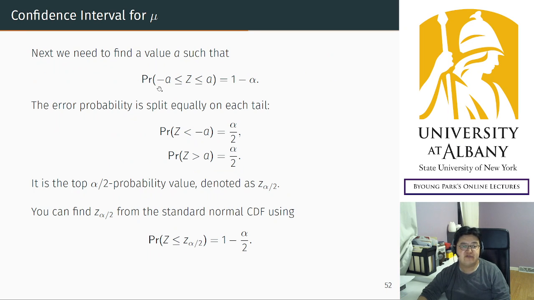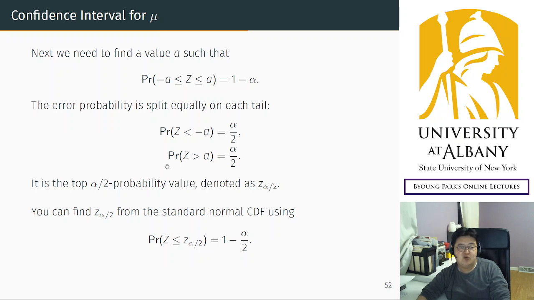The problem here is, in general, with alpha, you have to find the value a that corresponds to this. The same rationale holds here. The error probability is alpha. So in the middle there is 1 minus alpha probability, and outside, on each tail, there is alpha over 2 probability. So you have to calculate with respect to alpha over 2 now.